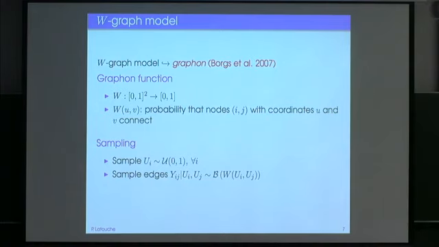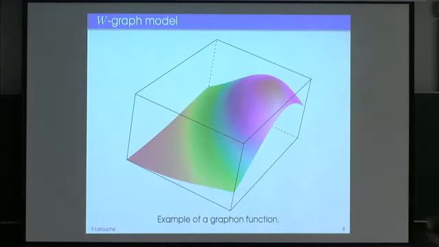In that case, for each node i, you sample from a continuous uniform distribution over [0,1]. And then knowing the latent positions, you sample an edge between i and j. So again, a Bernoulli distribution, and W is the probability of a connection. This is an example, and again, this model is only defined through the graphon.